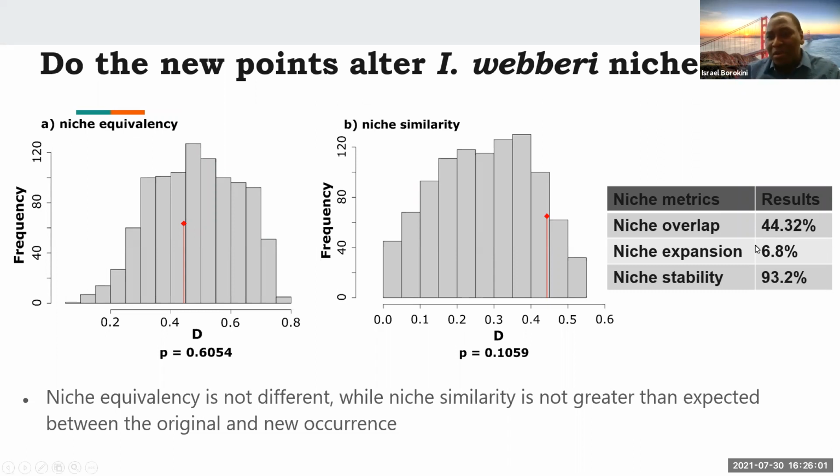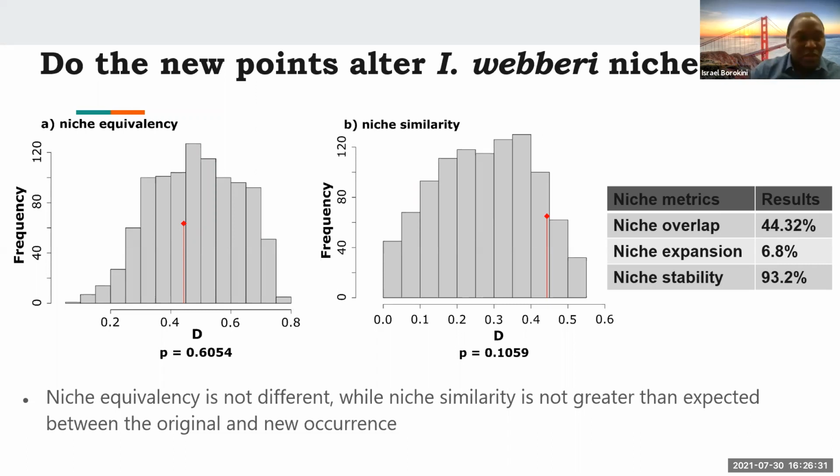And we found that there was 44% niche overlap, that is the degree of similarity. We found over 93% stability, that is little change in the niche, and only 6.8% expansion in the niche of this species when comparing the old and the new points together.